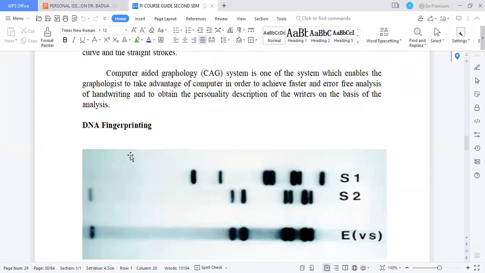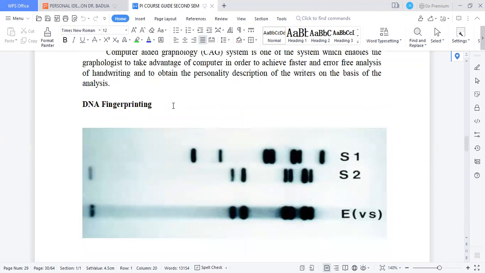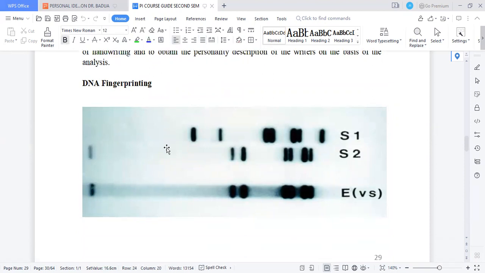Aside from this, we also have what we call DNA fingerprinting. This is a sample of a DNA strand. You would see that this is the exemplar, that's why it is labeled as E. These are the specimens that were obtained, S1 and S2.